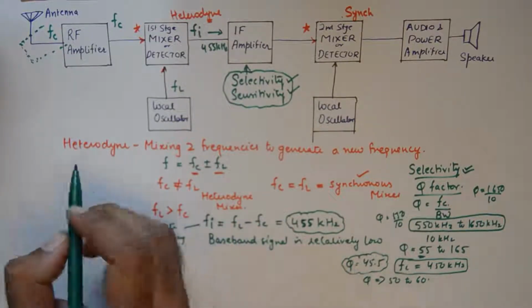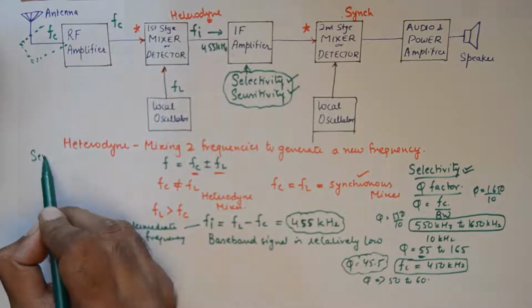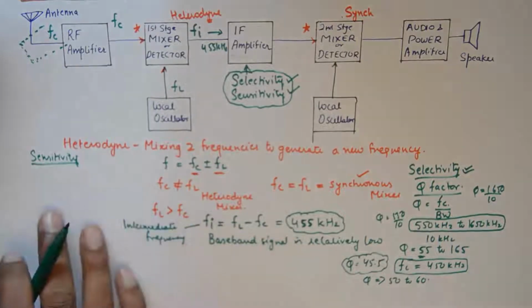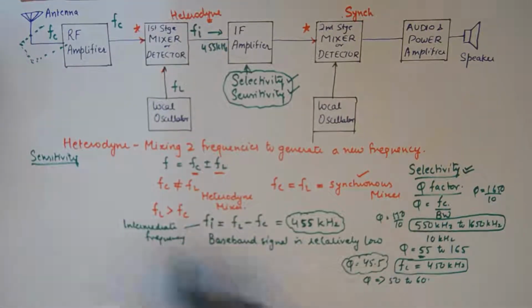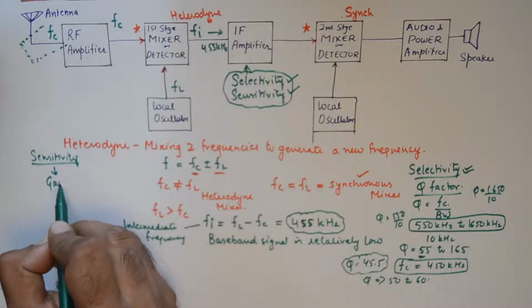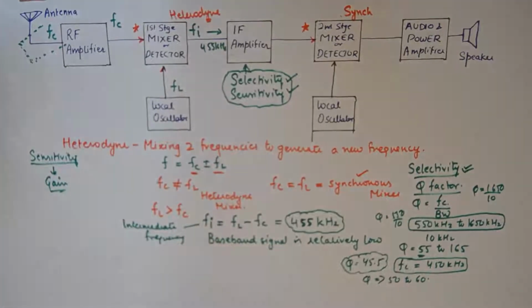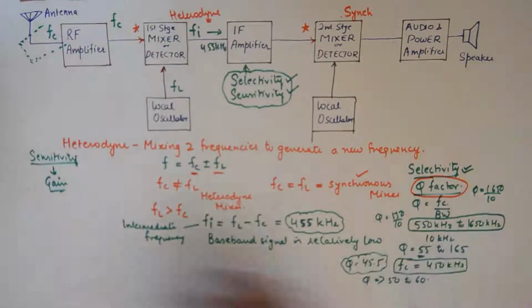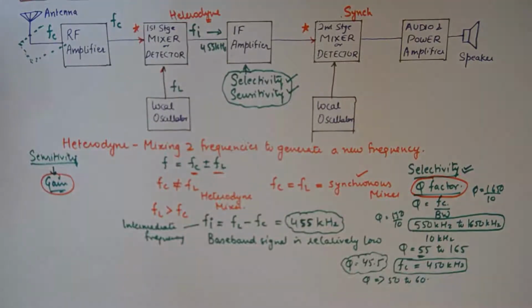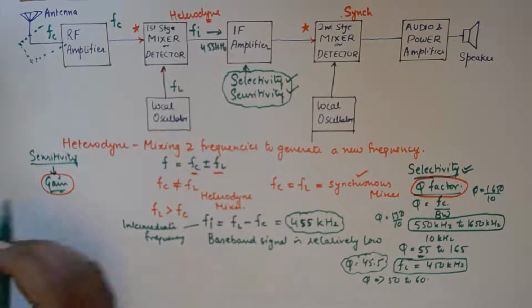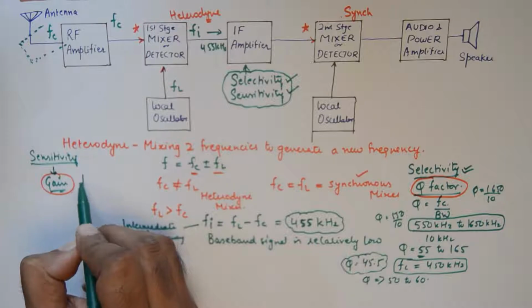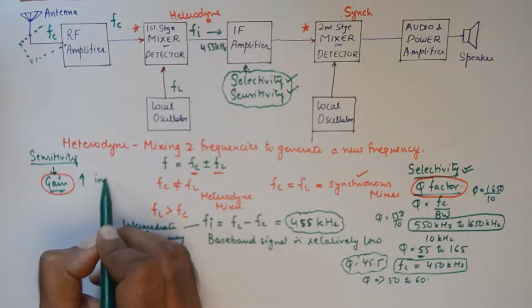And the second factor, which is sensitivity, depends upon gain. So these two parameters, that selectivity depends upon Q factor and sensitivity depends upon gain, must be remembered at all times for this IF amplifier stage, because if the gain increases, the instability of the system increases.